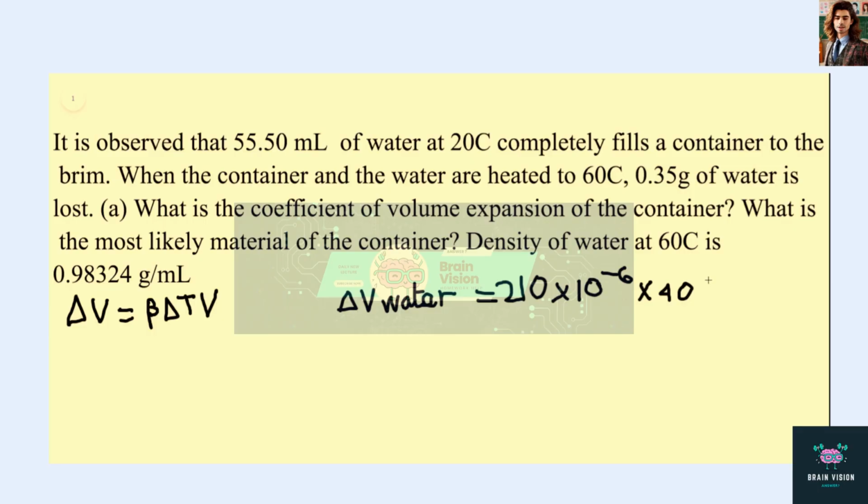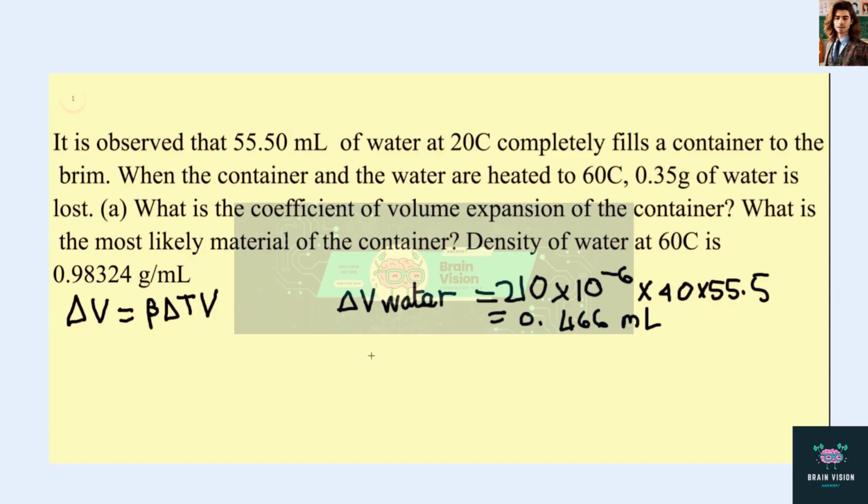The initial volume is 55.5, so times 55.5. And from that, if we plug that in, we get 0.466 milliliters.